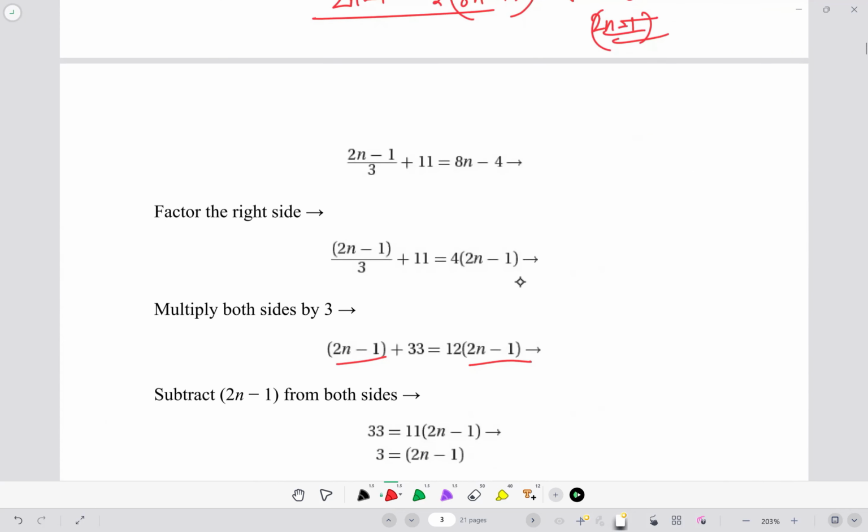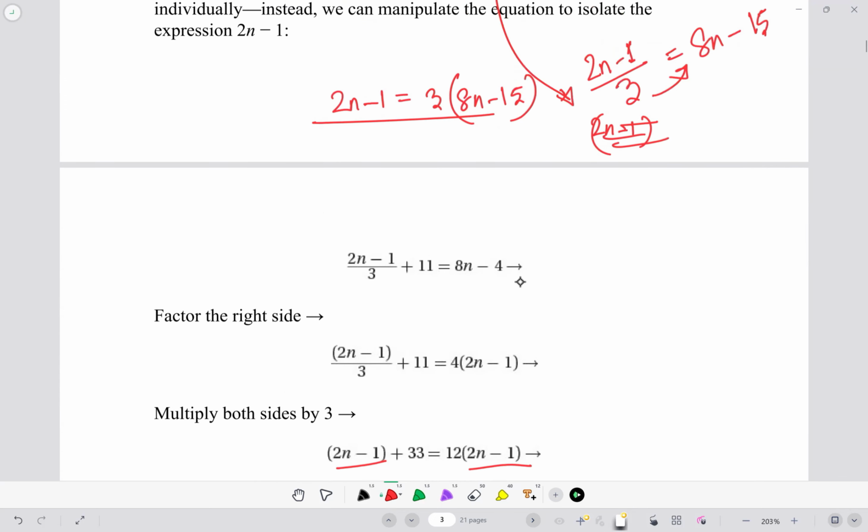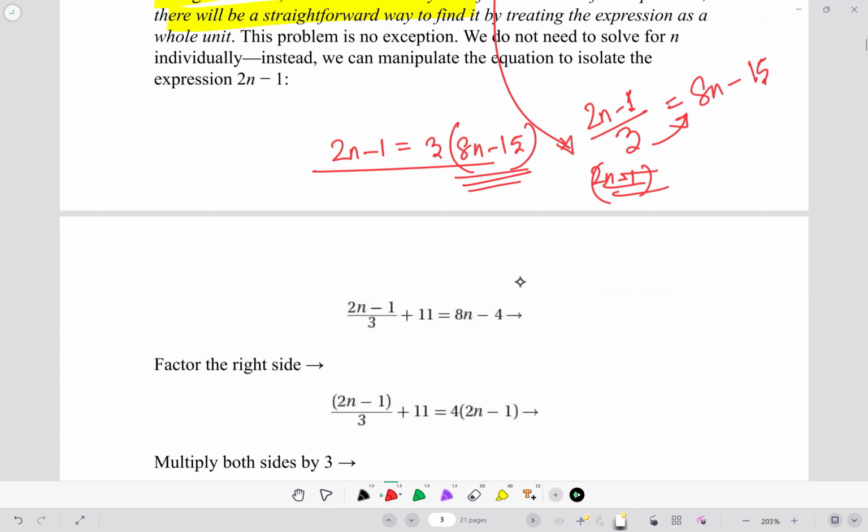So the thing that you need to do here is make it look like 2n minus 1 on the right side also. 2n minus 1. At this moment, just consider like this, 8n minus 15.